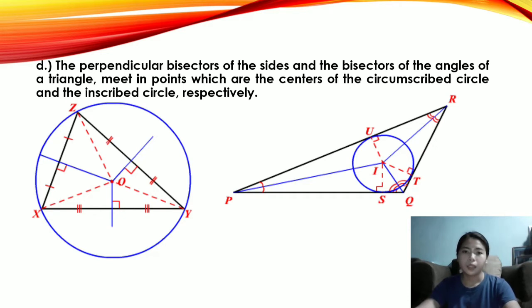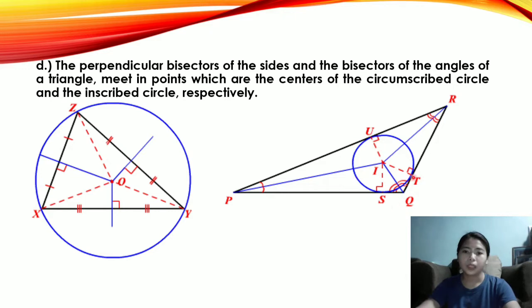So the incenter is equidistant from the sides of the triangle. That is, PI is equal to QI is equal to RI. So the circle drawn with the incenter as the center and the radius equal to this distance touches all three sides and is called incircle or the inscribed circle of the triangle.